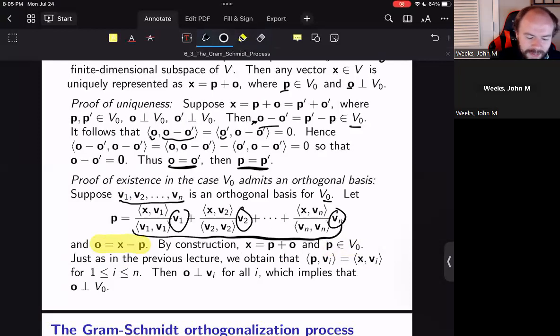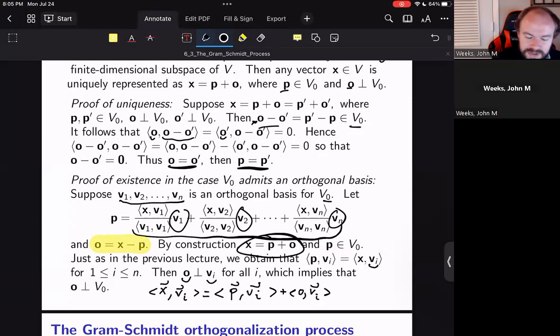What is that going to mean? In respect to each of those vi components, if I look at what happens with O, we know that x comma vi is equal to, since x is p plus O, p comma vi plus O comma vi.